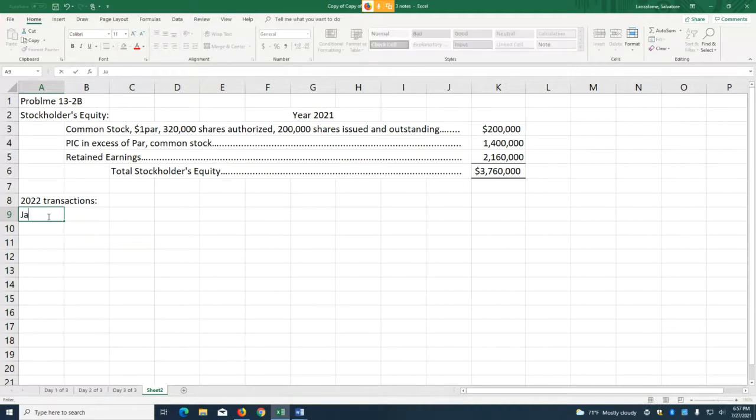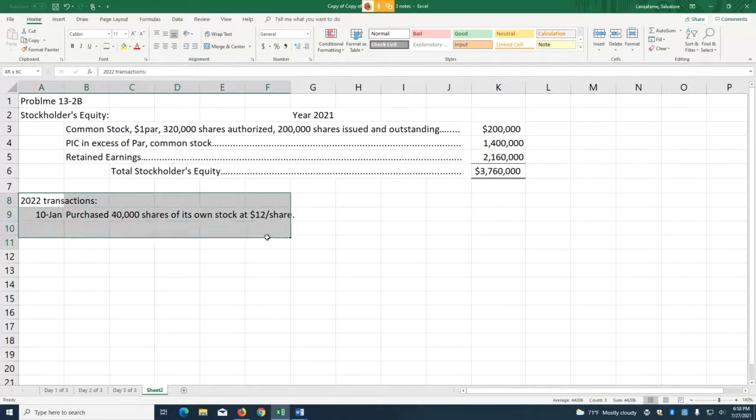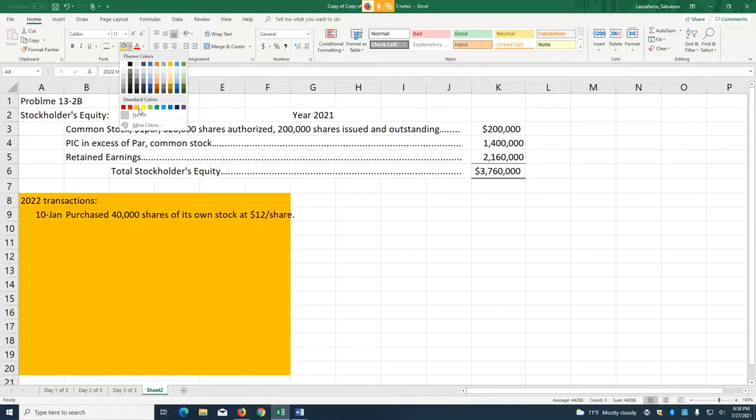On January 10th, purchased 40,000 shares of its own stock at $12 a share. Okay, so that's our pivot value. I'll record the transactions here and then do the journal entries to the right associated with it.